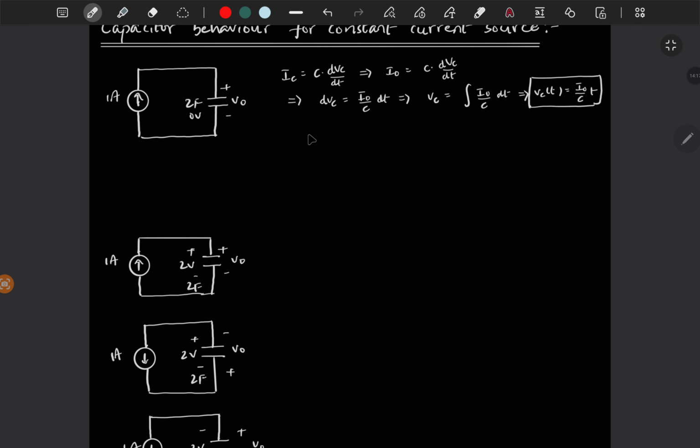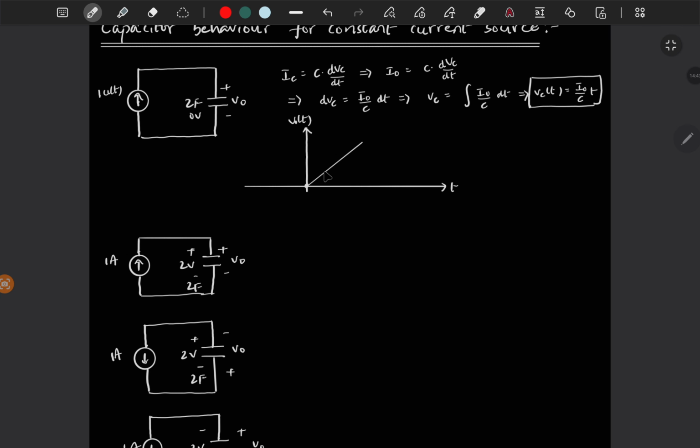So you will get Vc of t or V0 of t with respect to time, this kind of graph. Let's say we are applying this at t greater than 0. So this is 1 u of t, this current source.